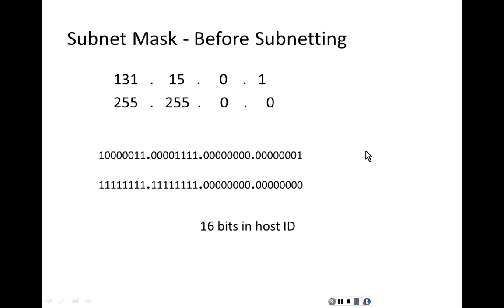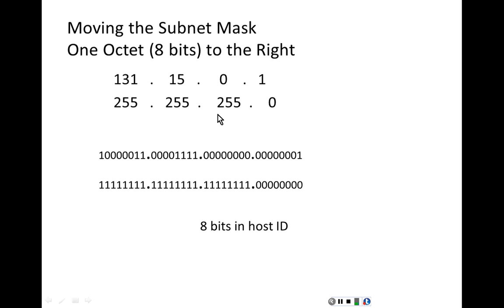So before subnetting, in our original example here, we have a Class B subnet mask 255.255. It is a 16-bit subnet mask, and there are 16 bits in the host ID. When we push the subnet mask a full octet to the right, it gave us 8 bits to use for subnet ID, but it really cut into our host ID.